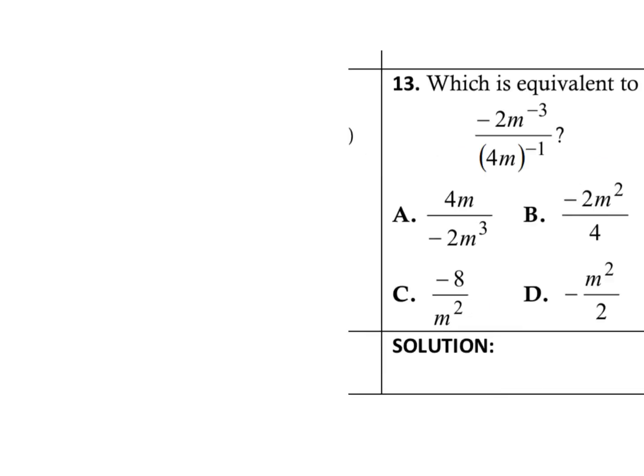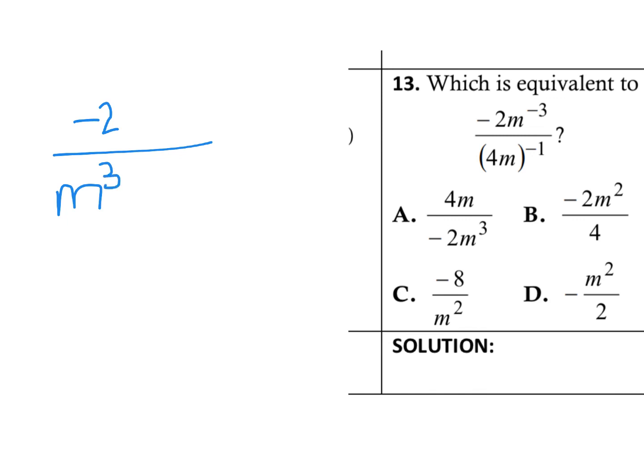All right, so looking at number 13, I have negative exponents, and I need to remember that I can't have negative exponents in my problem or answer, so I need to move all of the negative exponents down to the bottom or the other side and make them positive. So looking at the top one, the negative 2 is not an exponent, so it's going to stay on top, but that m to the negative 3 is going to go down to the bottom, making it m to the positive third.